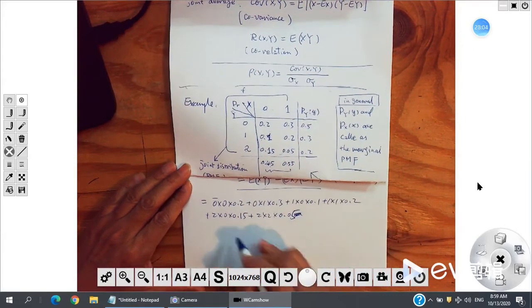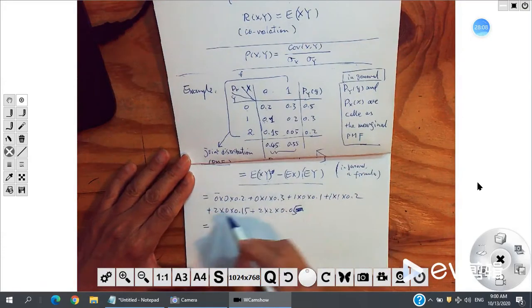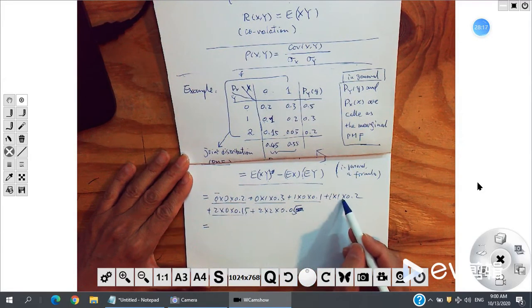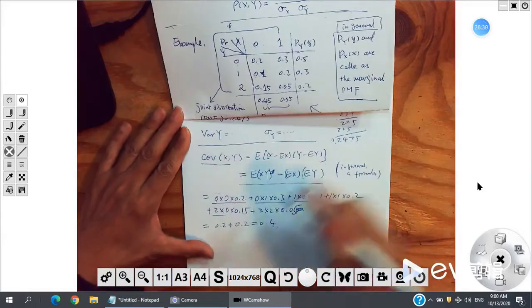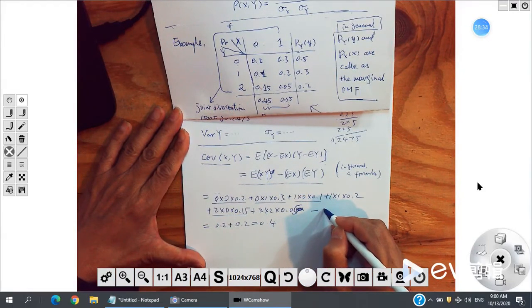Then what will be the result? Actually here it is not hard because we have a lot of zeros, right? This is 0, this is 0, this is 0, this is 0. So we already have these two numbers that are non-zero. First is 0.2, and this is 4 times 0.05, which is another 0.2. So 0.4. So this is E of XY, and we also need minus EX times EY.